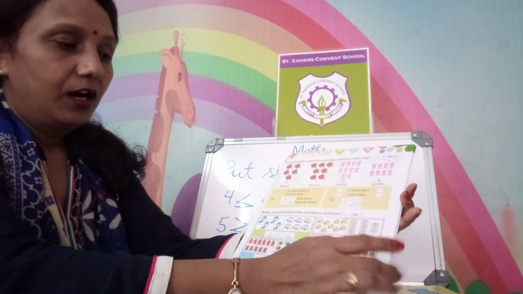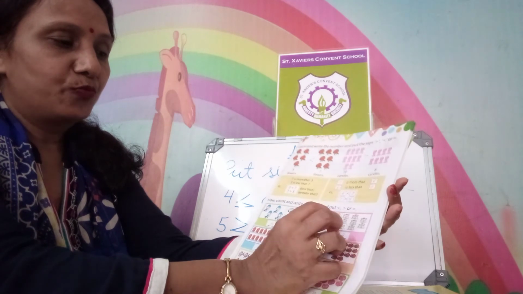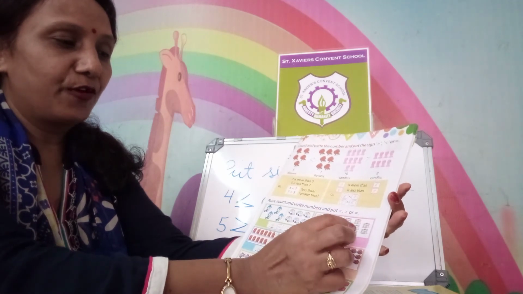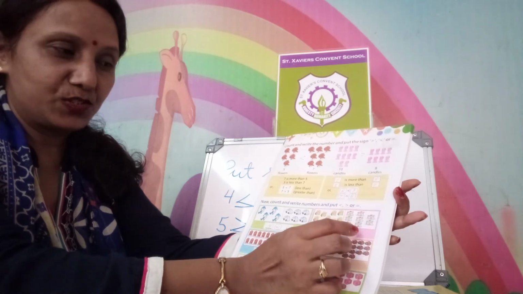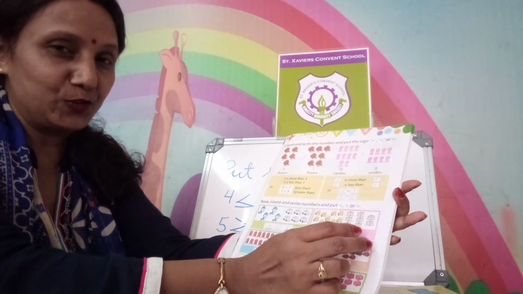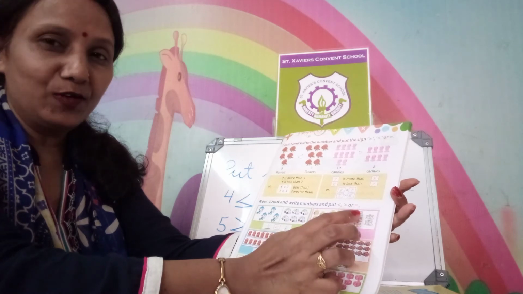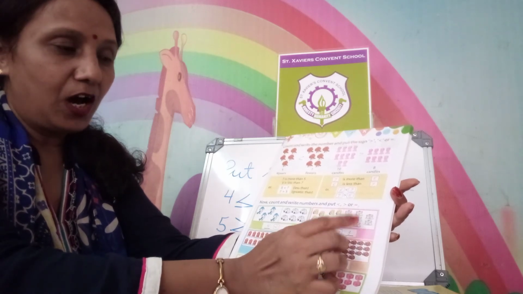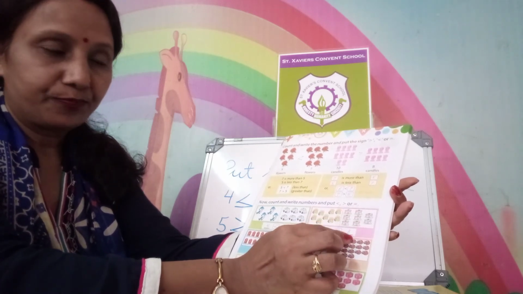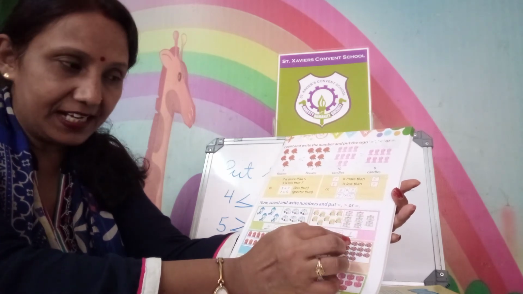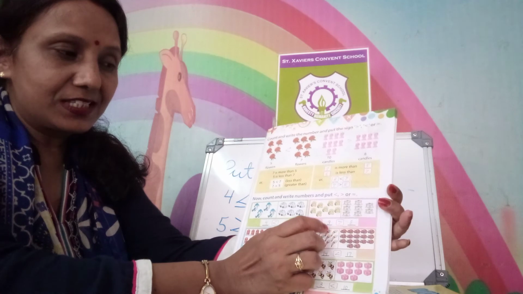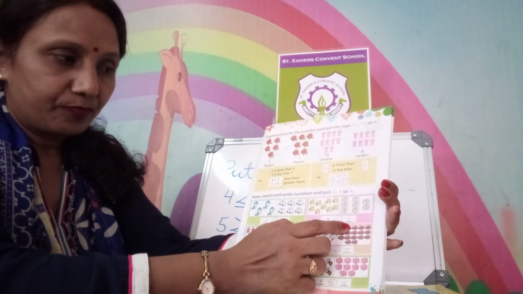Here, how many pastries? 1, 2, 3, 4, 5, 6, 7, 8. 8 pastries. Very tasty, huh? Want to eat? So, count and write the digit first. How many pastries are there? 8.